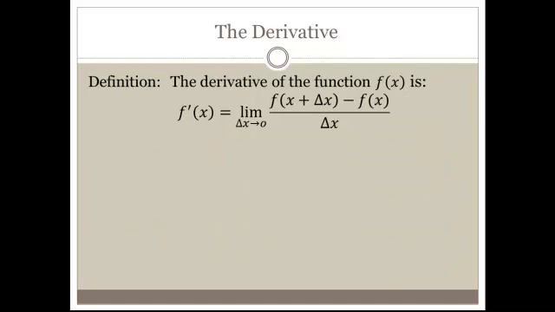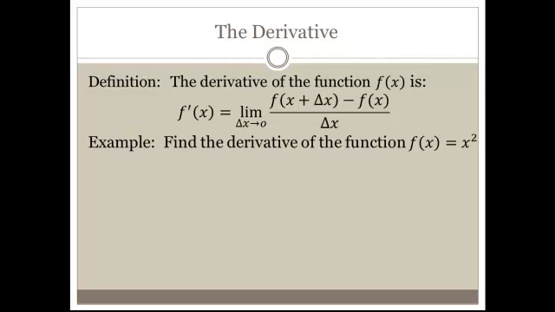So using this definition of the derivative of f of x, let's compute the derivative of the function f of x equals x squared. Recall that we did this at a single point before. Using our definition, f prime of x equals the limit as delta x goes to 0 of f of x plus delta x minus f of x all over delta x.